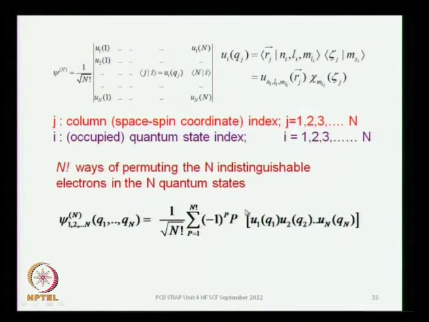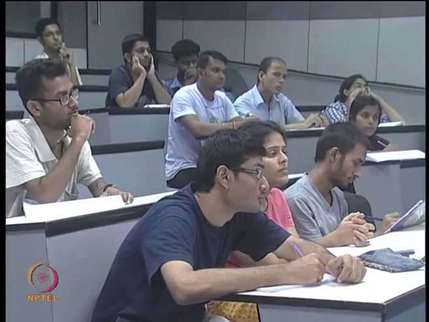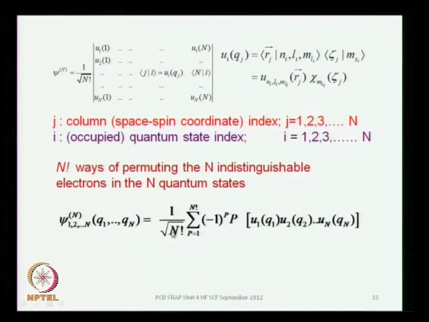And there are n factorial permutations, and assuming that each of these single particle states belongs to an orthonormal basis, which is what we will seek. Eventually the single particle states that will go into the Slater determinant will be required to belong to an orthonormal set, and in anticipation of that we can see that the normalization will be 1 over root n factorial.